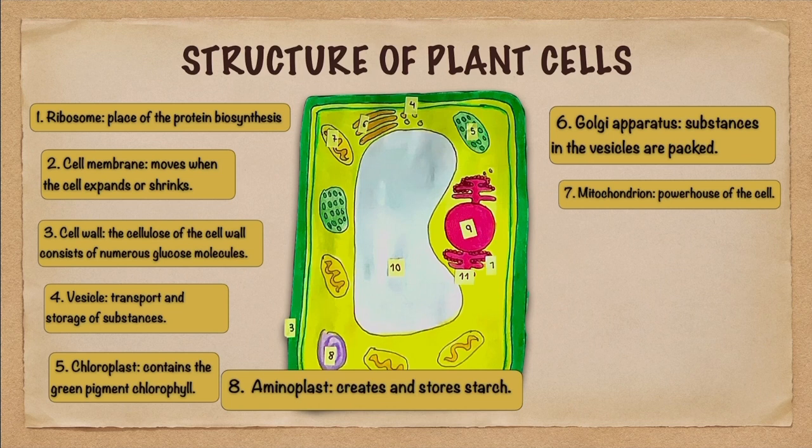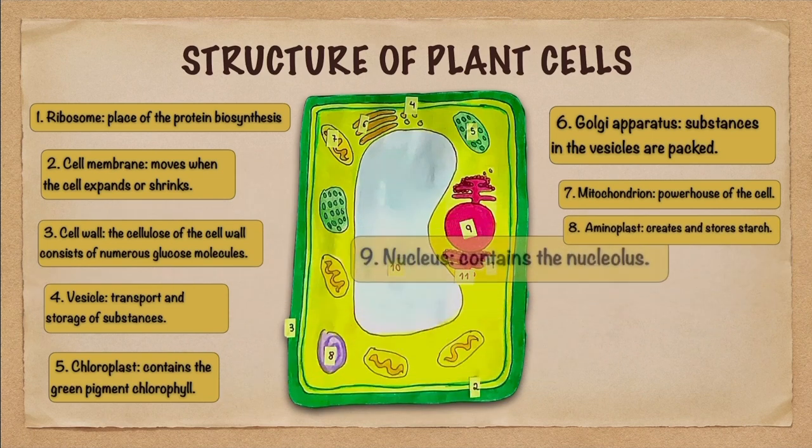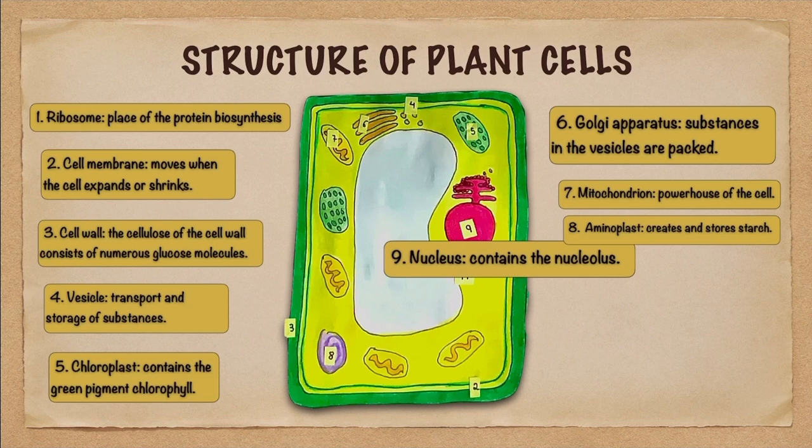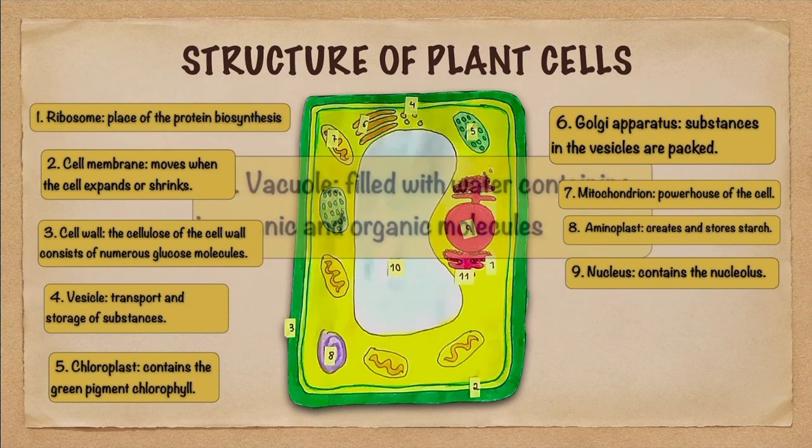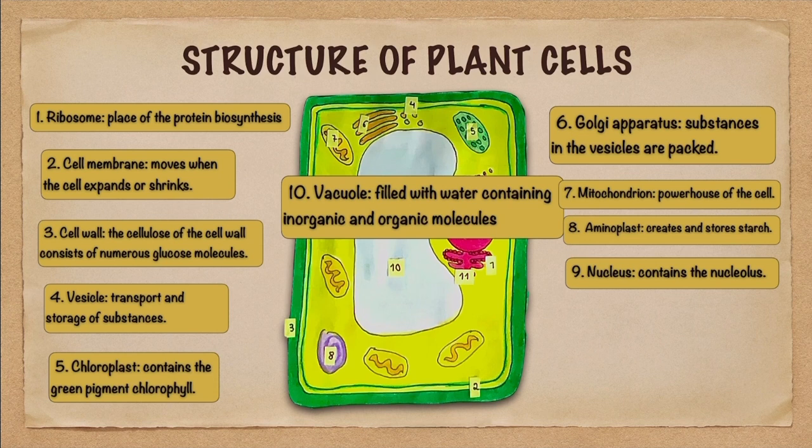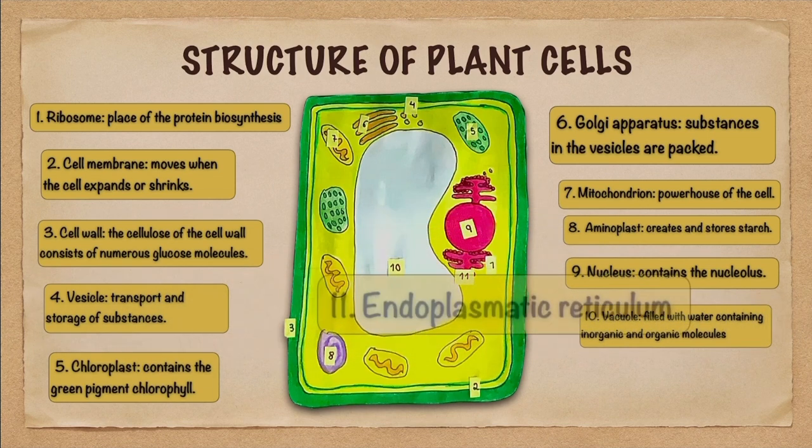Now the amyloplast creates and stores starch. That's also something the animal cell doesn't have, or at least it is not that important. Now the nucleus contains the nucleolus, the same as the animal cell. Then the vacuole, and it's filled with mostly water, and it contains also some inorganic and organic molecules, but mostly water.